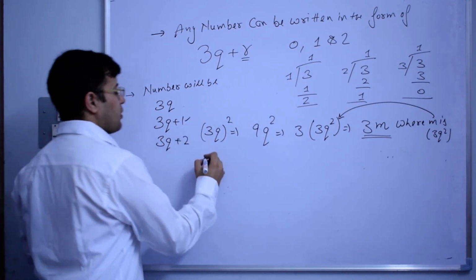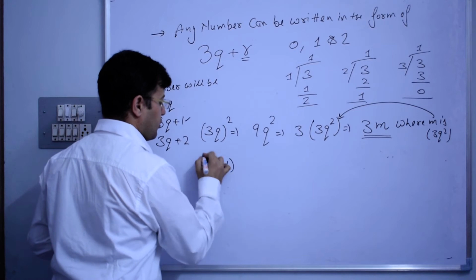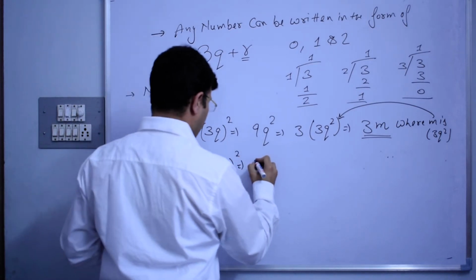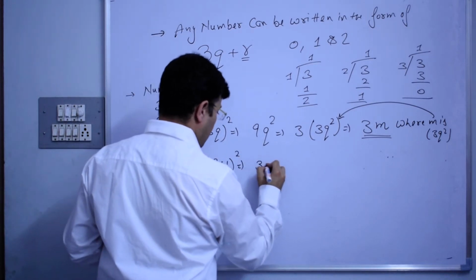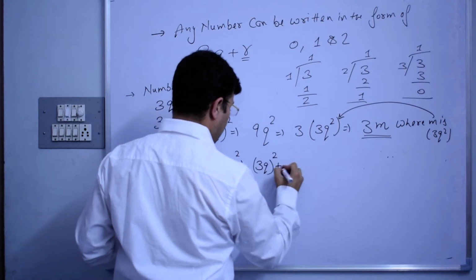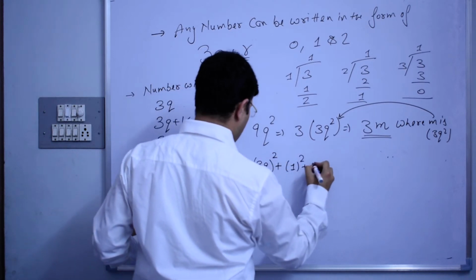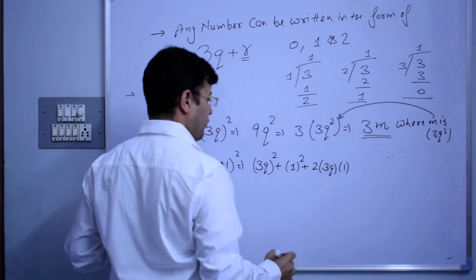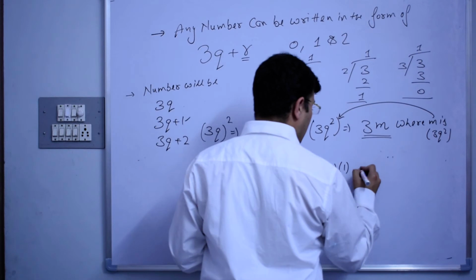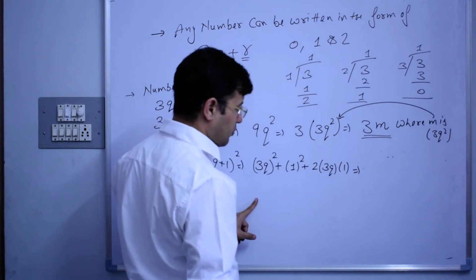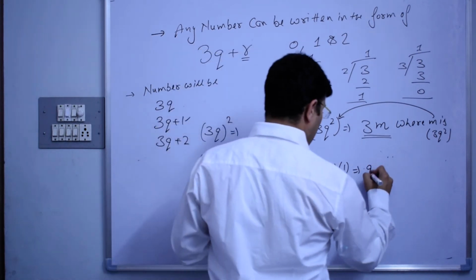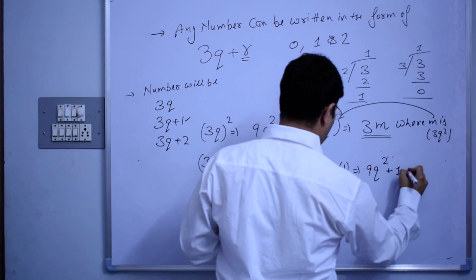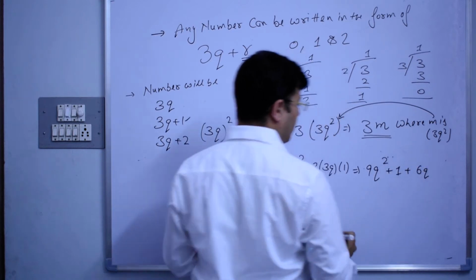Let's take another one. It's 3q plus 1 whole square, which will be 3q square plus 1 square plus 2ab, that is a square plus b square plus 2 into a into b. For those who don't remember the identity, it's like 9q square plus 1 plus 6q.